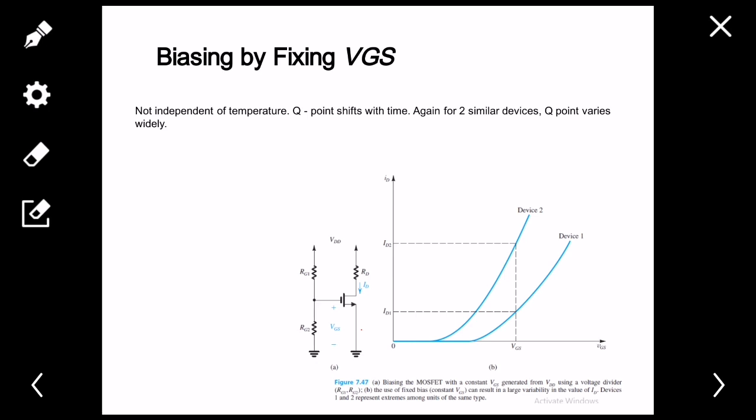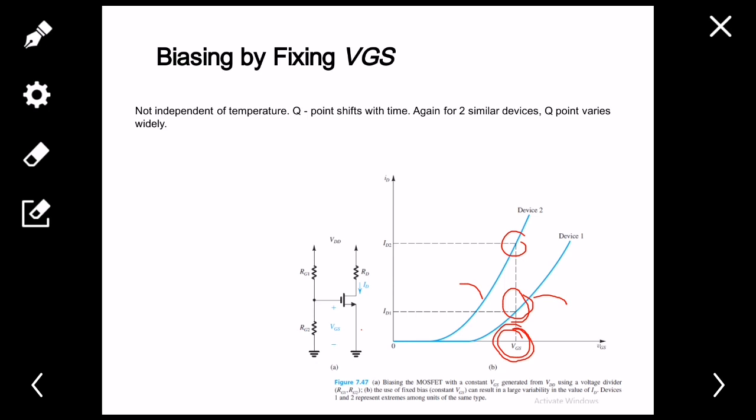If the extreme case arises, then both MOSFETs will not have the same threshold voltage. One will have a higher threshold voltage, one might have a lower threshold voltage. In that case, your gate to source voltage is fixed. What happens? One turns on at a very early stage, another turns on at a later stage. You're fixing VGS, so two different MOSFETs mean two different values of current. It's a problem.